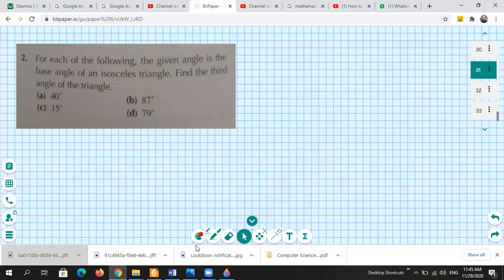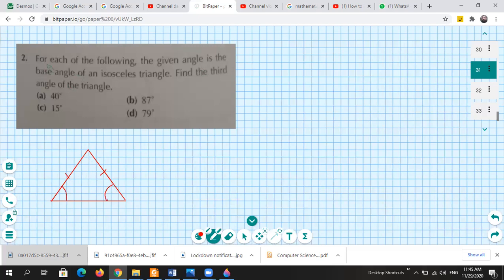So suppose I'm drawing it. This is an isosceles triangle in which these two sides are equal.